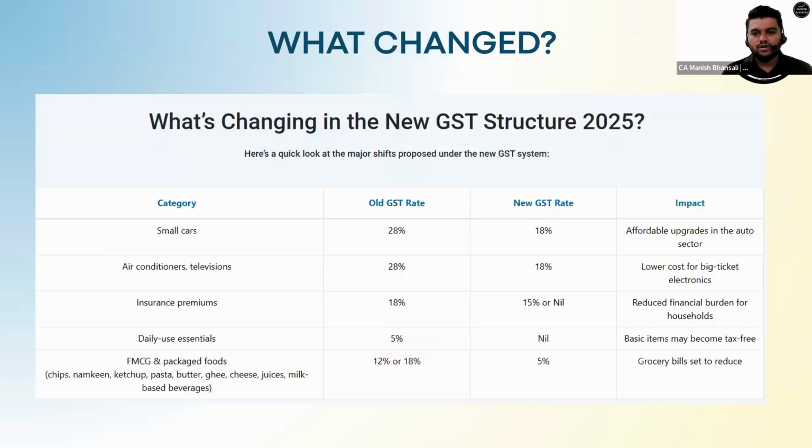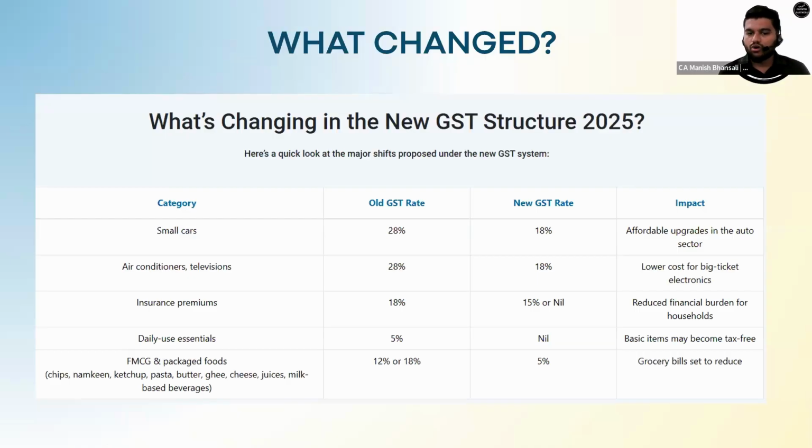Next, an overview of what exactly has changed. Small cars have moved from 28% to 18%, and air conditioners and televisions have moved from 28 to 18%. Insurance premiums have moved from 18 to 15 or nil. A lot of us never took input credit on the health insurance premiums that we paid, so the government has considered this feedback and reduced it to zero.